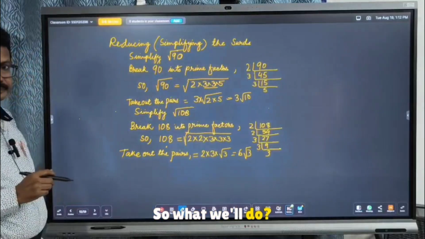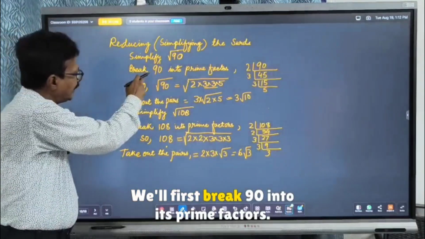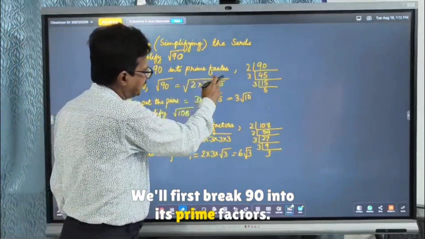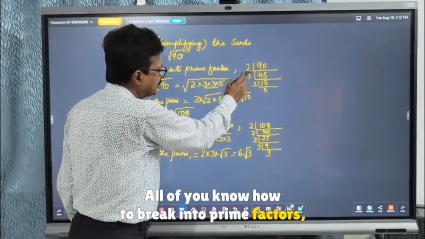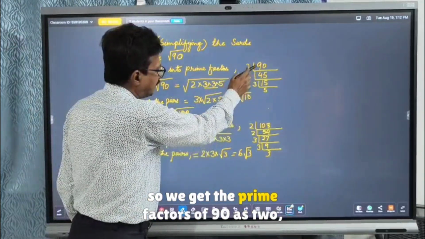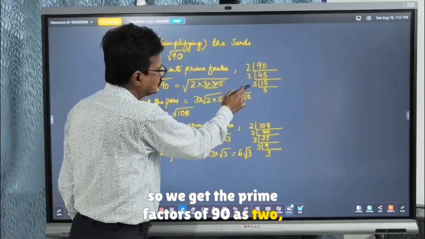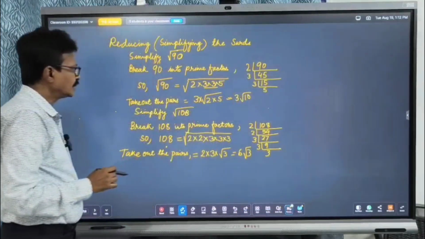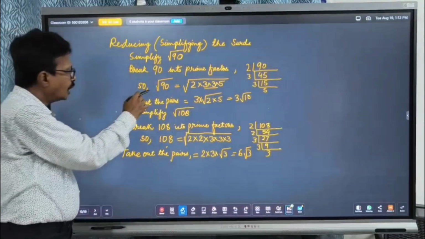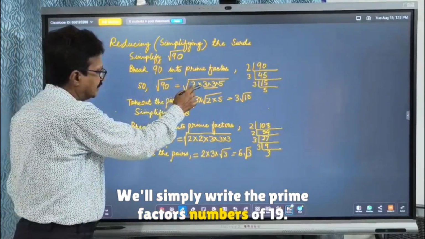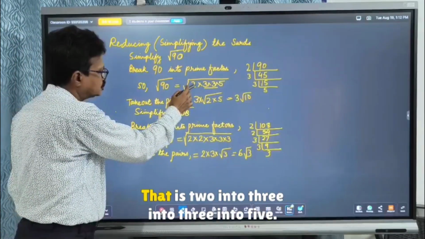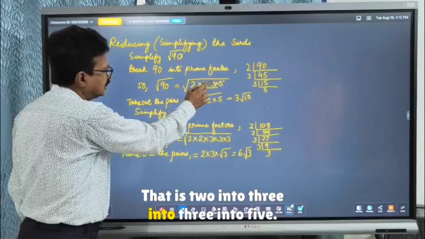What we will do is first break 90 into its prime factors. All of you know how to break into prime factors. So we get the prime factors of 90 as 2, 3, 3 and 5. We will simply write the prime factors of 90, that is 2 into 3 into 3 into 5.